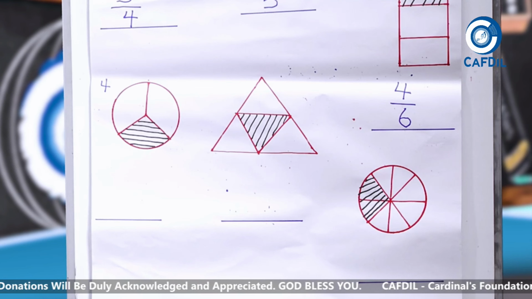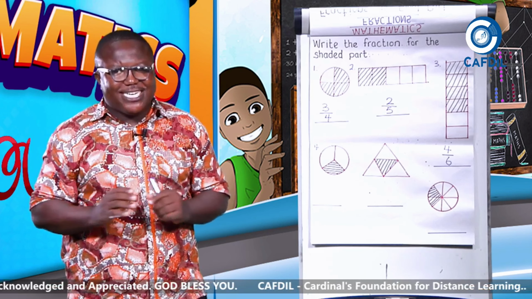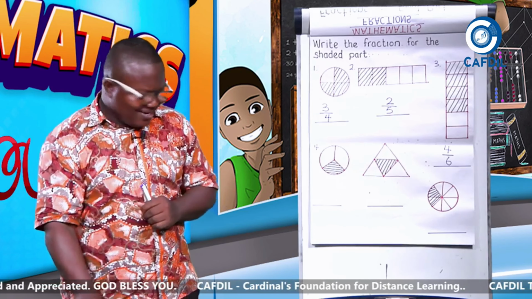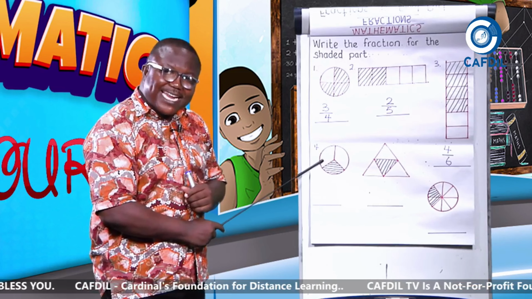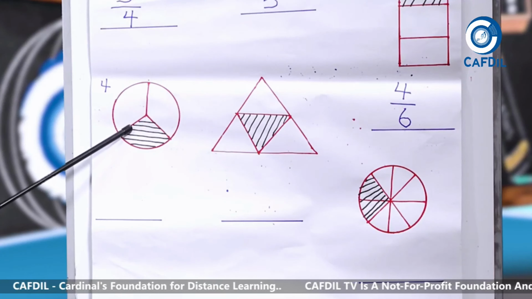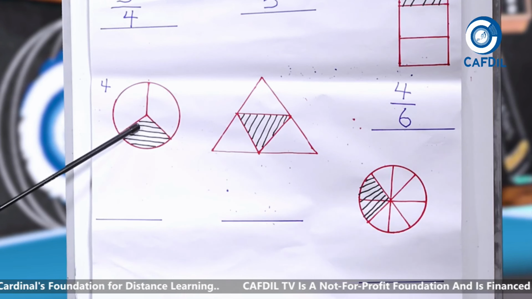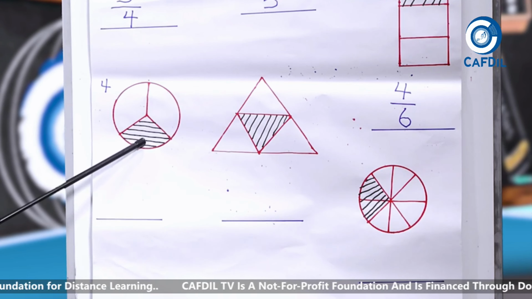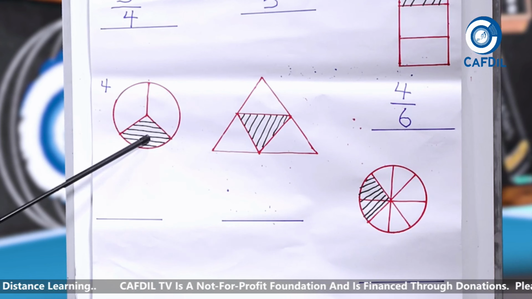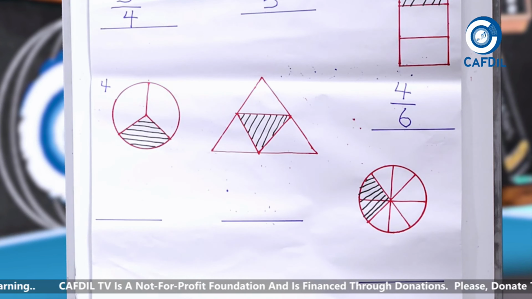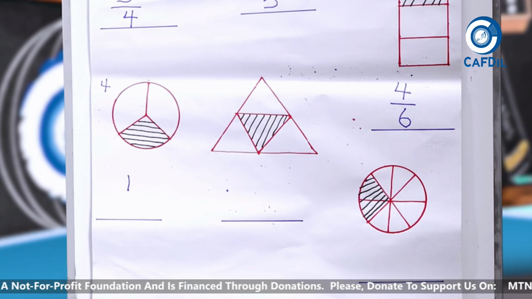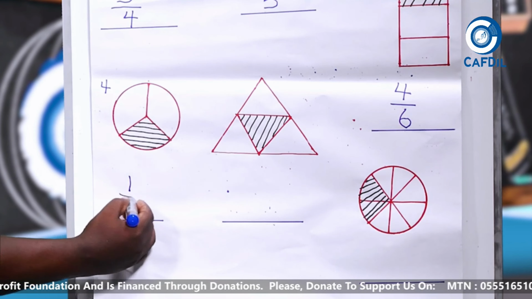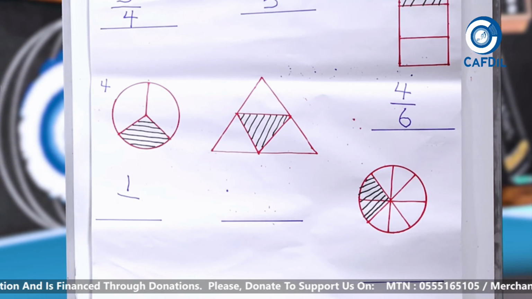And how many has been shaded? It has been divided into 3 equal parts. And how many has been shaded? Only 1. So here, when we are writing, it becomes what? 1 out of the total.